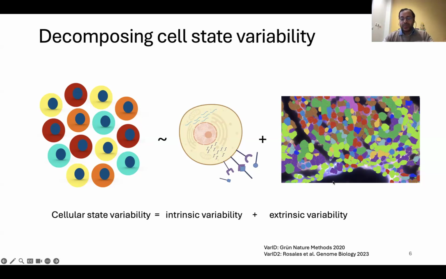On the other side, we have an extrinsic source, which is the signal coming from the surrounding environment. To understand overall cellular state variability, we need to combine these two signals, and after combining them, we can understand the overall cell state variability and the cell-cell communication.